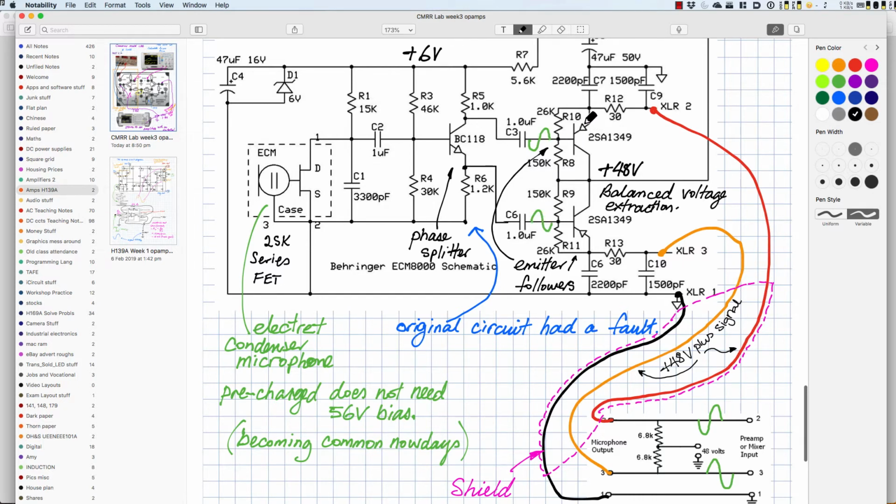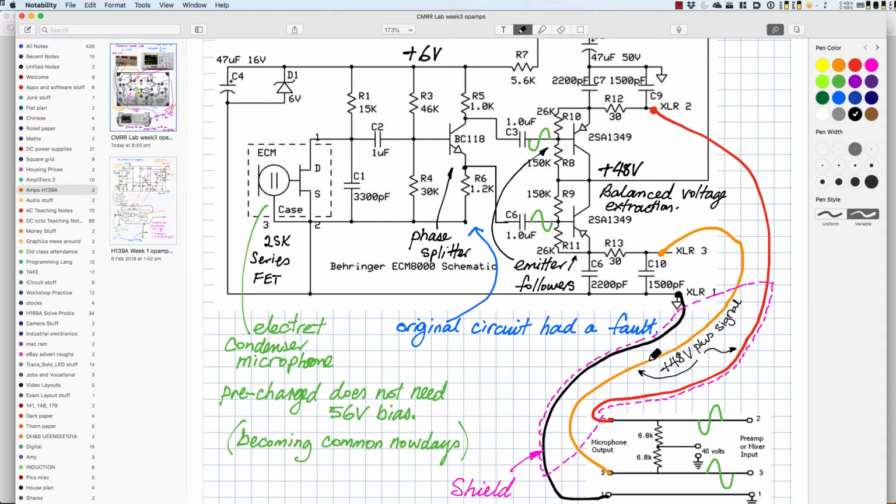Both of those voltages reappear again at the emitters, which go along XLR 2 and XLR 3 cables all the way back down, maybe a 50-meter run, who knows, to our preamplifier or mixer circuit, where we have the 48 volts phantom power, which is split by 2 lots of 6.8K resistors.